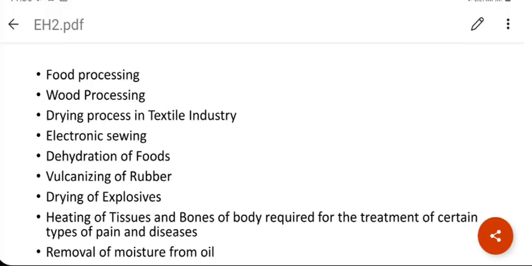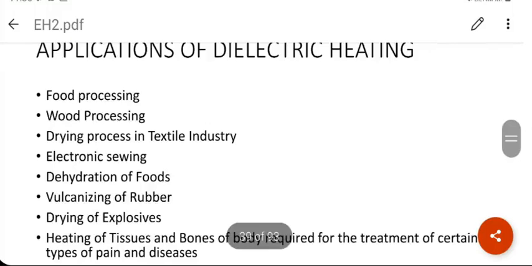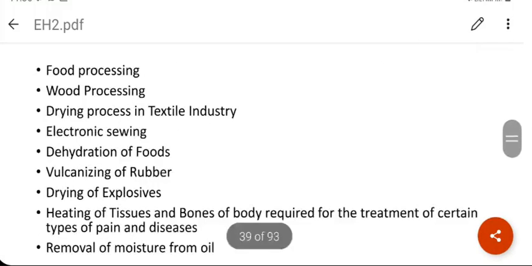Electronic sewing, I'm not sure how the dielectric heating works there, but there must be a reason why it is there. The food, if it is dehydrated, the packaged food I'm talking about, will last longer. So that dehydration is typically done using high frequency voltage. That is dielectric heating. Vulcanization of rubber, another practical application.